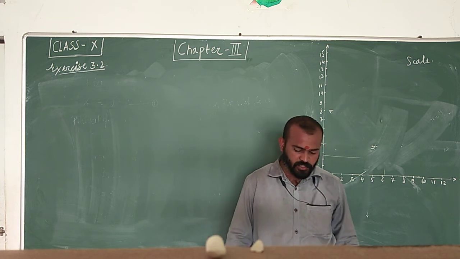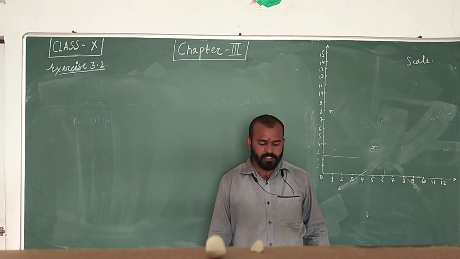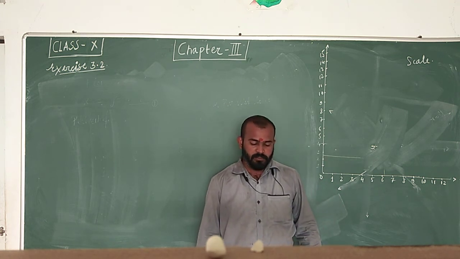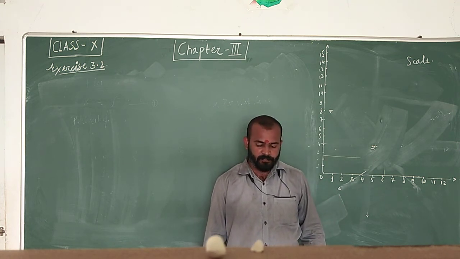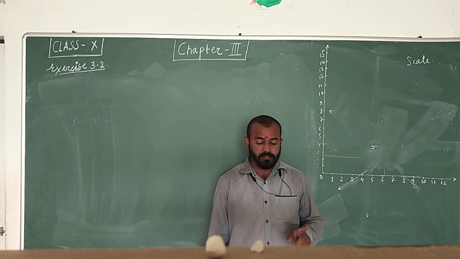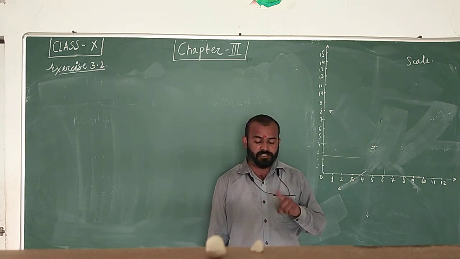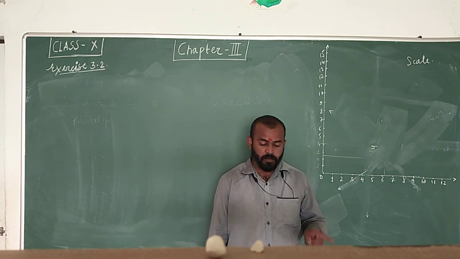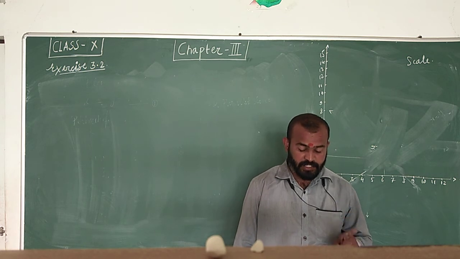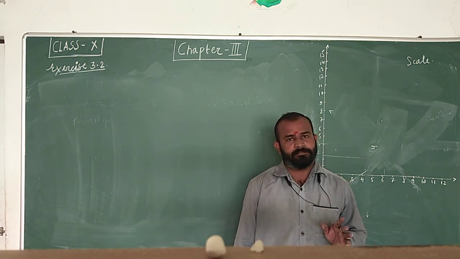Draw the graphs of the equations x minus y plus 1 equals to 0 and 3x plus 2y minus 12 equals to 0. Determine the coordinates of the vertices of the triangle formed by these lines and the x-axis and shade the triangular region.